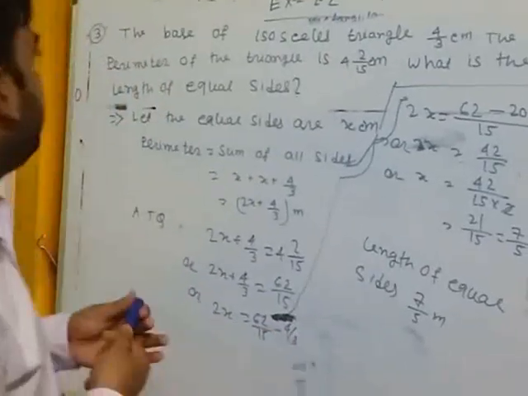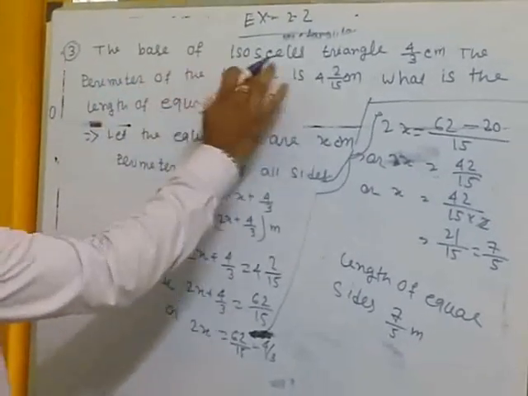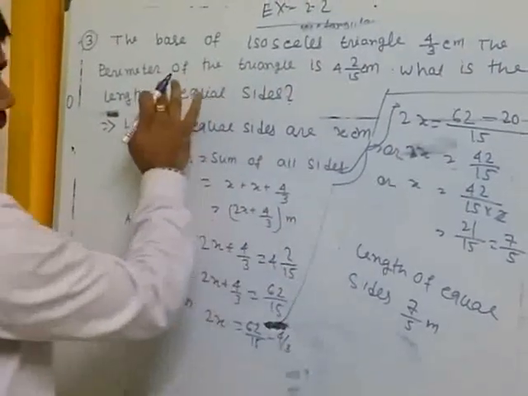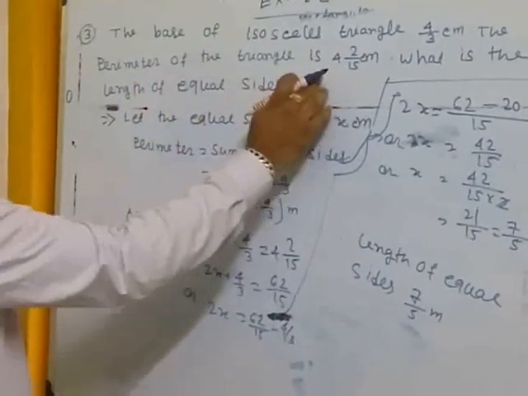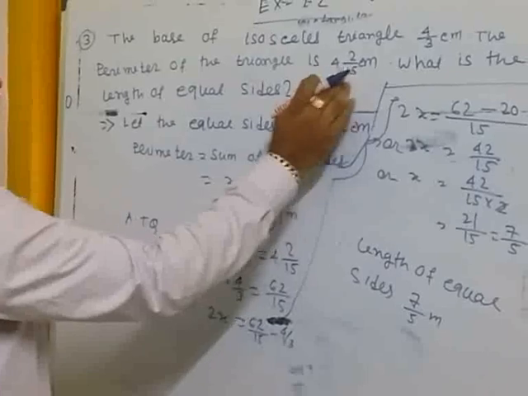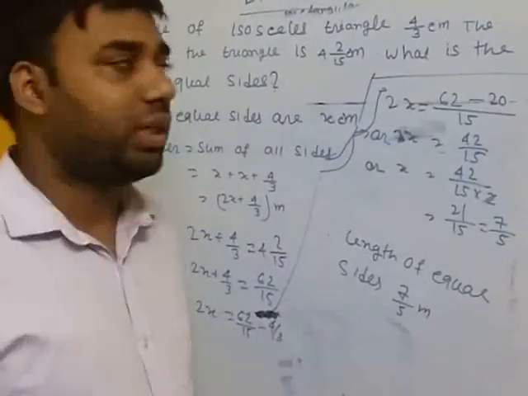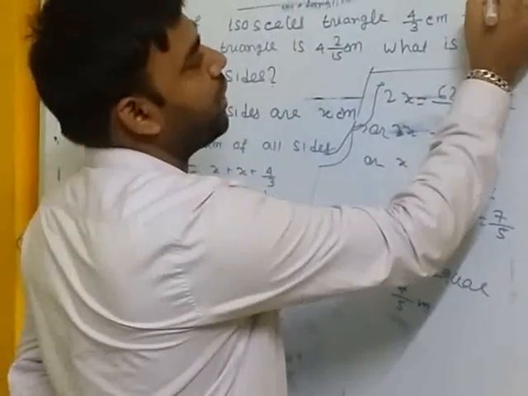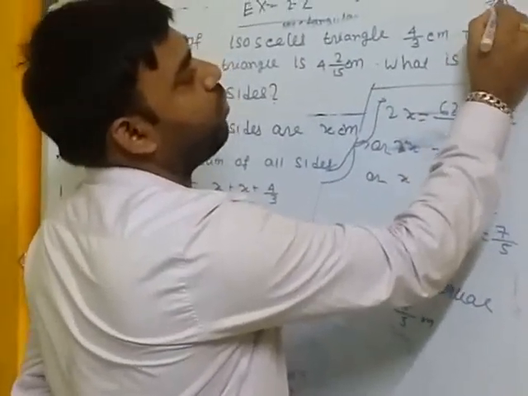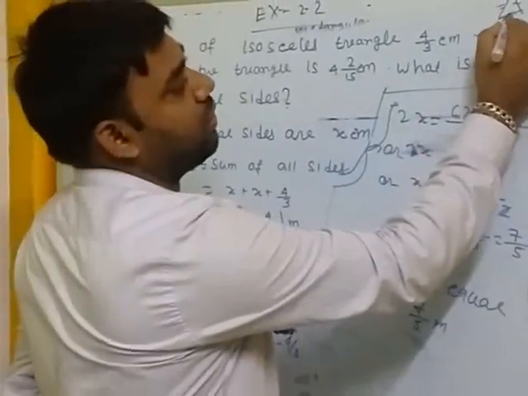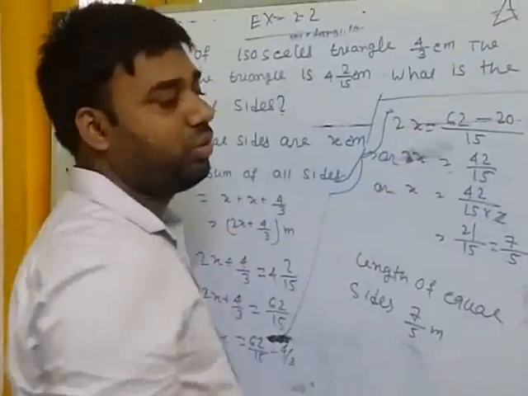In question number 3, the base of an isosceles triangle is 4 by 3 centimeter. The perimeter of the triangle is 4 whole 2 by 15 centimeter. What is the length of the equal side? First of all, what is an isosceles triangle? An isosceles triangle means a triangle which has two equal sides, and the third side is not equal to the other two sides.